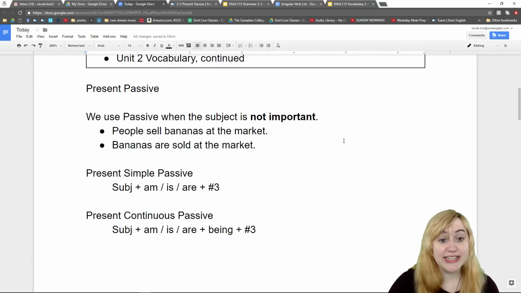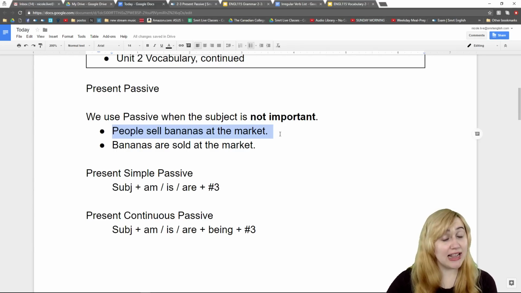So I'll give you an example here. My example sentence says people sell bananas at the market. So imagine I am telling you this information. I'm like, oh, hello. Hello, Rosa. Hello, Vivek. Hello, Melina. Hello, Khalid. I say people sell bananas at the market.